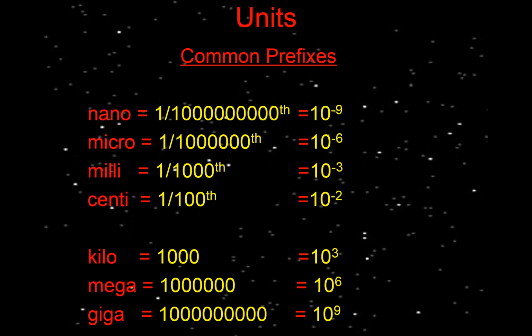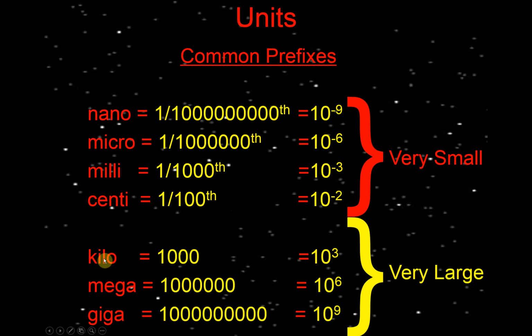And here are some of the common prefixes. Here we can see the very small measurements and the very large. Later on, we will discuss things like radio telescopes, microwave and gamma rays, and the energy of various wavelengths of light, which may refer to nano and micrometers a little bit. But for the first few classes, we're going to be dealing with large objects: planets, solar systems, galaxies, and galaxy clusters.